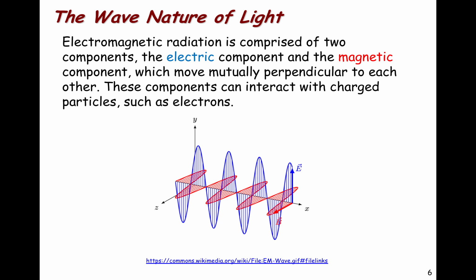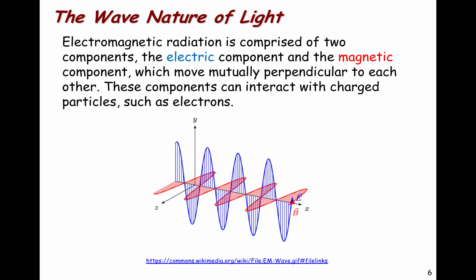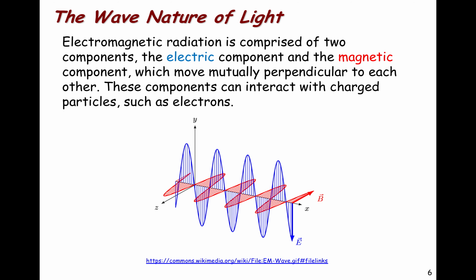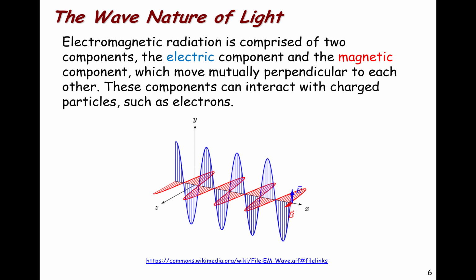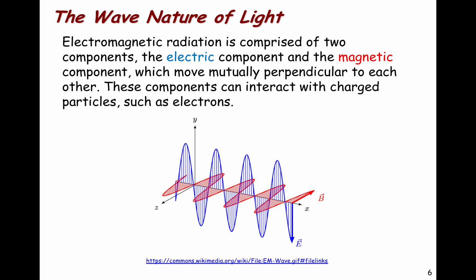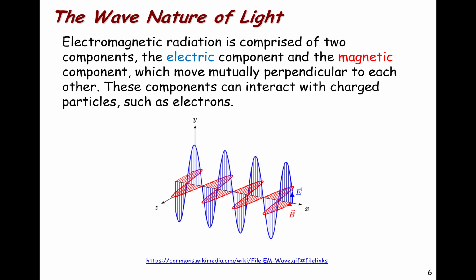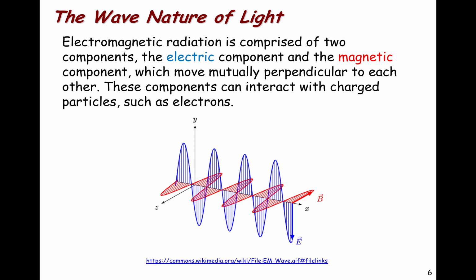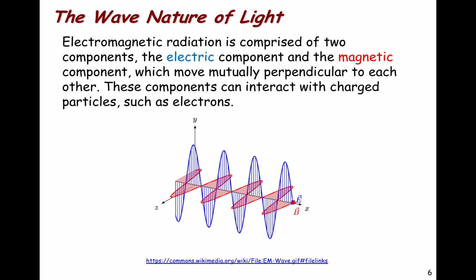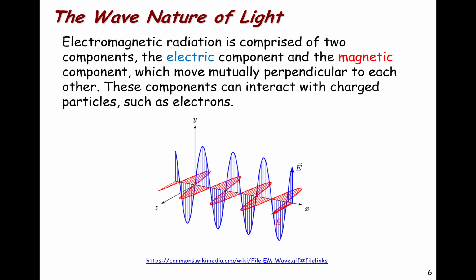The oscillations are in the y direction, and mutually perpendicular to that is the magnetic component, which is oscillating along the z direction. The important aspect of this is that the electric and magnetic components can interact with charged particles. In particular, we will be interested in how light can interact with the electrons of an atom.